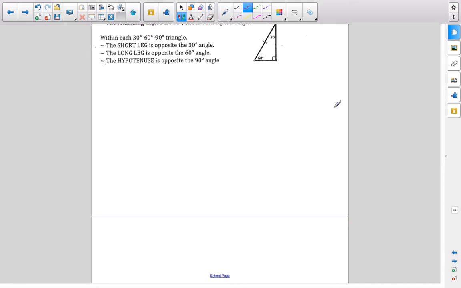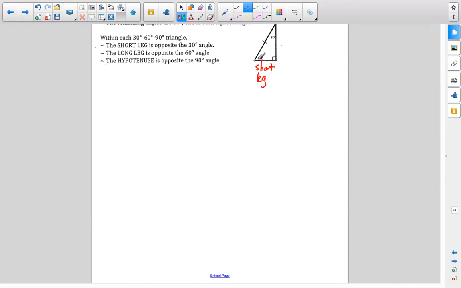Okay, one thing to keep in mind when we're talking about this particular triangle is that we have a short leg. The legs aren't going to be the same like on the 45, 45, 90. The leg that's opposite the 30-degree angle, so I look opposite it, is called the short leg.